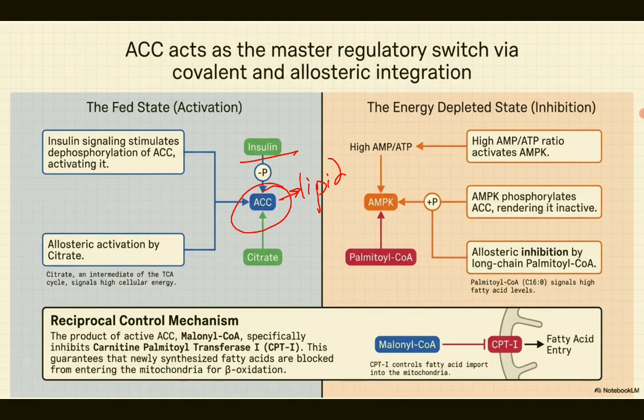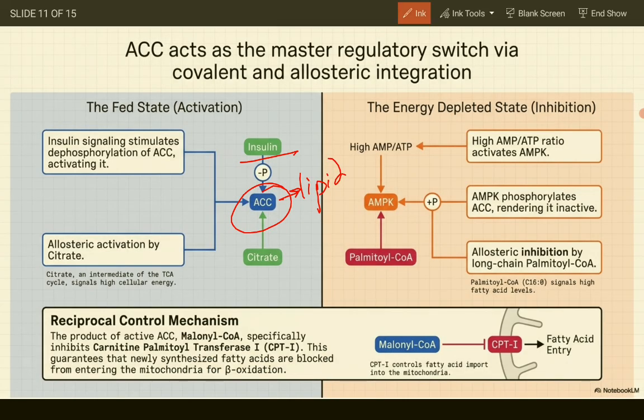So what was happening here? When you have taken food, insulin has been produced, there is a lot of glucose in the body, and where will all that glucose go? That glucose needs to be converted into fatty acid or lipid.